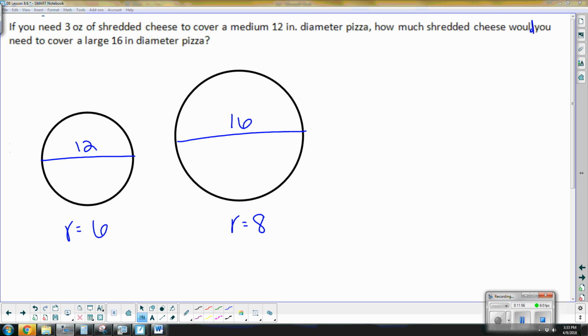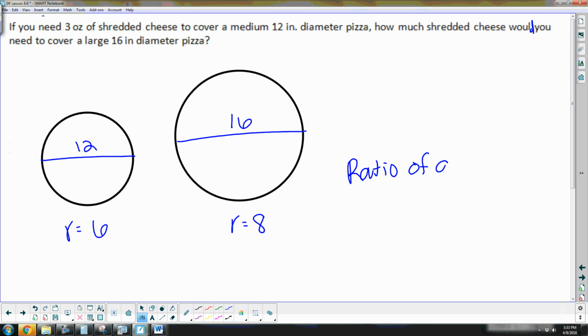Because they're both circles, we know that the ratio of their areas compares to their radii squared. So 6 to 8, which is 3 to 4, squared, which is 9 over 16. So that's the ratio of their areas.